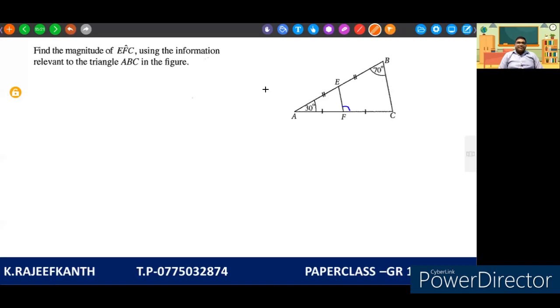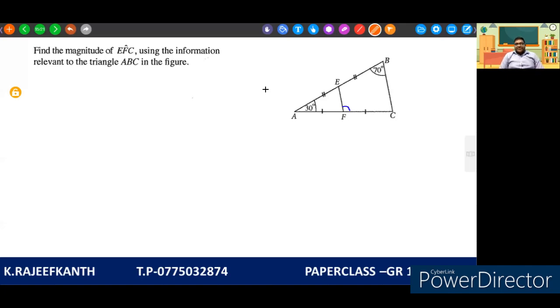They have given the magnitude of angle BAC, and angle ABC also. So by using these data, we have to find the magnitude of angle EFC.